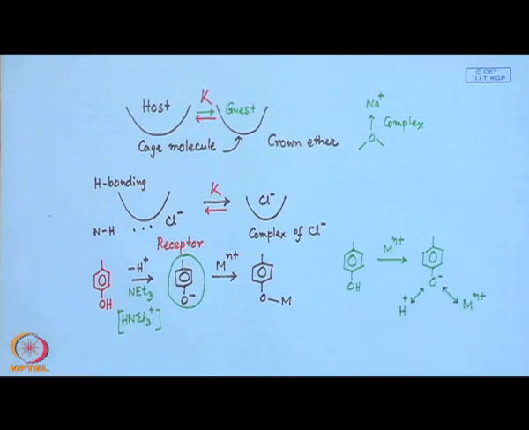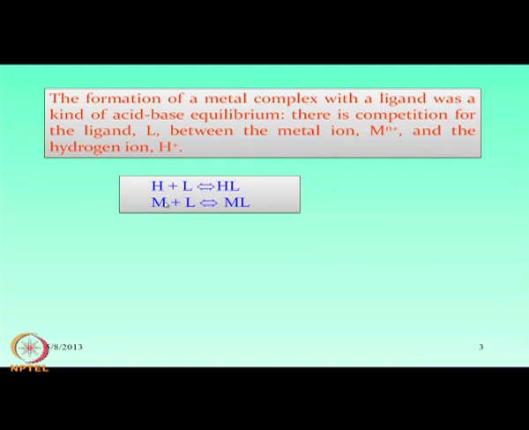So, there will be two competitive pathways for binding the phenoxide ion to the M^n+ and the proton, and therefore we see that this H+ and L, and M and L situation is there all the time.